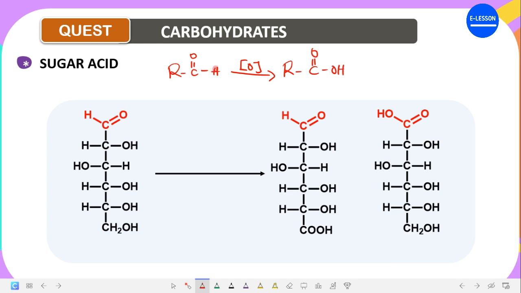You now see that one oxygen has been added here because oxidation means addition of oxygen. So in this case, this is an aldehyde, and this is a carboxylic acid, or in short form, an acid. Whenever aldehydes are oxidized, you are expected to get a carboxylic acid.